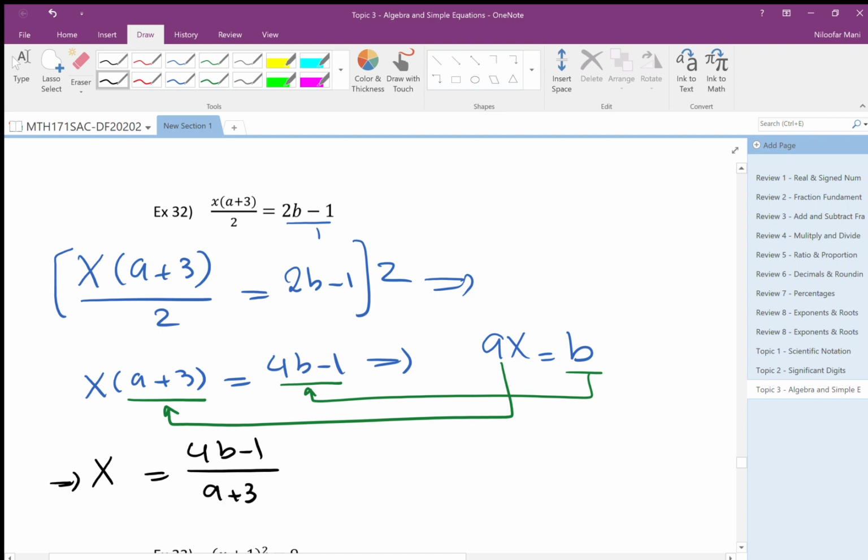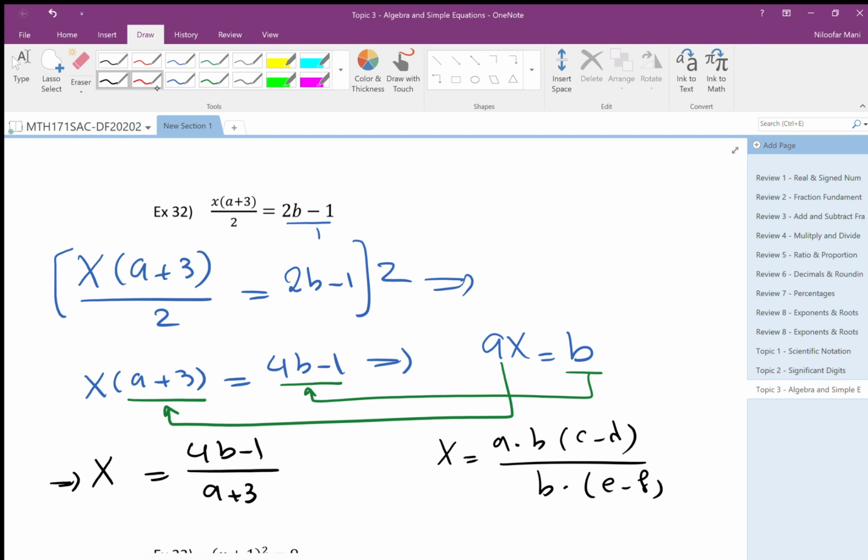Okay, everything. Can I cancel? No, no, no, no. You cannot cancel because you have just addition and subtraction between them. The only time you can cancel is if you have, for example, x equal a times b times c minus d, divided by, for example, b times e minus f.